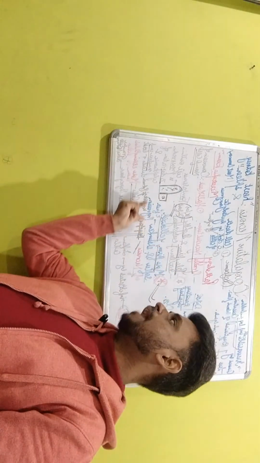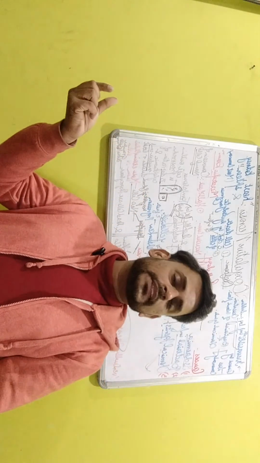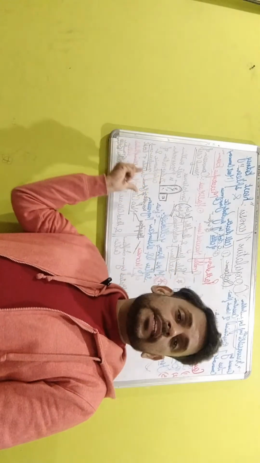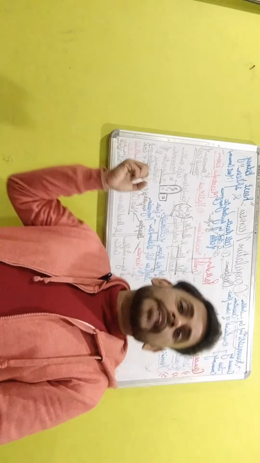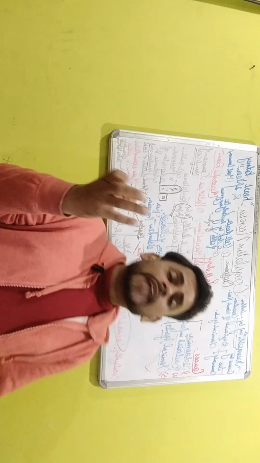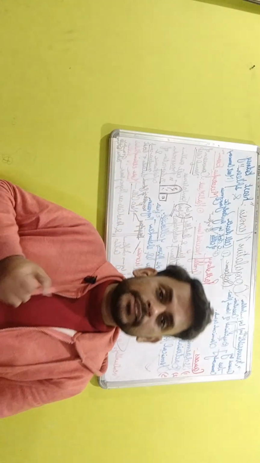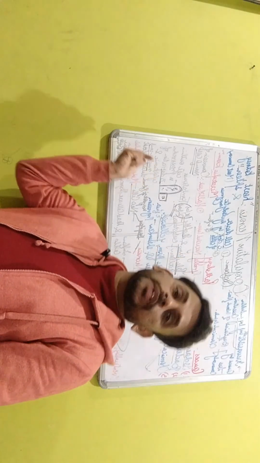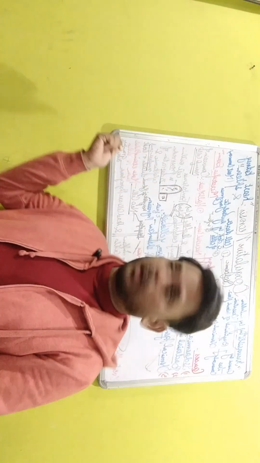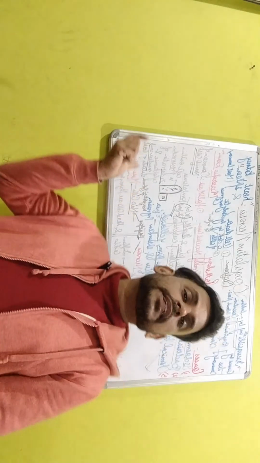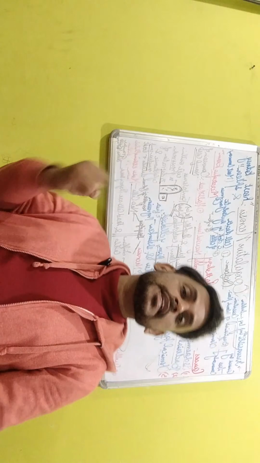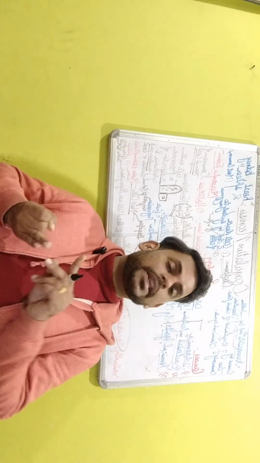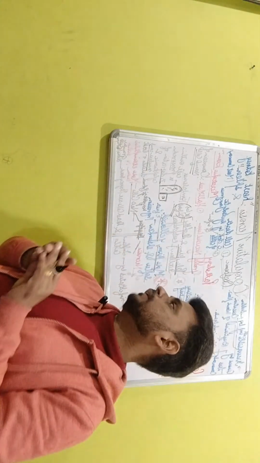And pycnosis can be seen in such a necrotic cell, that is, there is condensation of the chromatin material. The chromatin threads become more condensed, so the nucleus becomes more pycnotic. So the three characteristic nuclear findings in coagulative necrosis are karyolysis, karyorrhexis, and pycnosis.